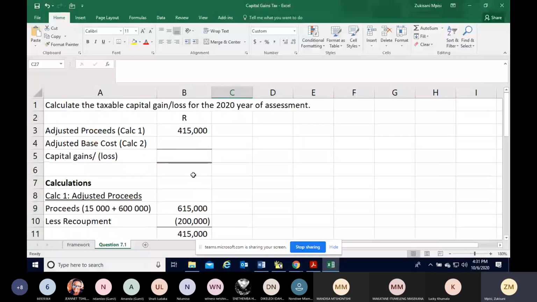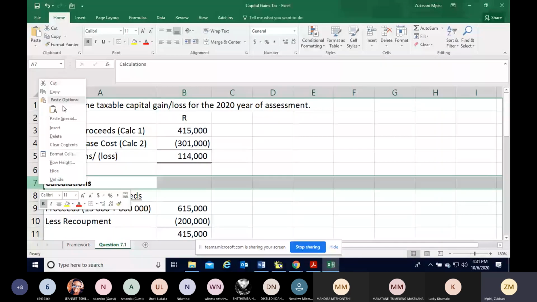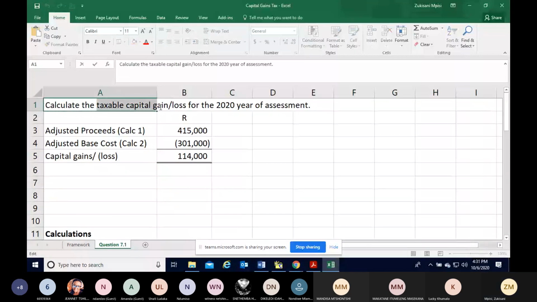So in terms of the adjusted base cost, it's therefore less 301,000, which means that your capital gain or loss is 114,000. But now let us remember what the required says. The required says calculate taxable gain, because there is nothing called taxable capital loss.